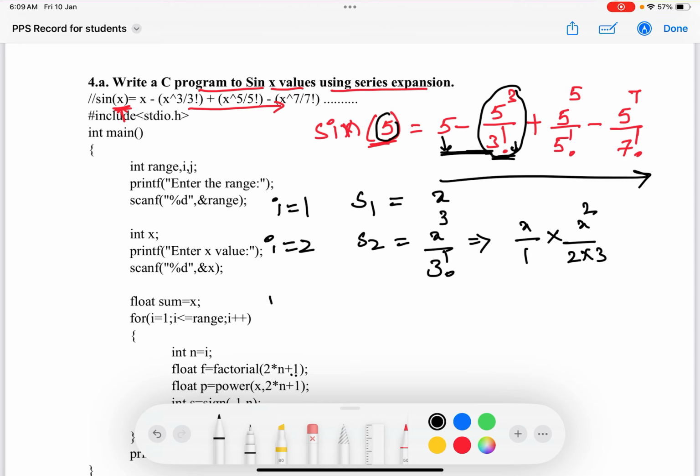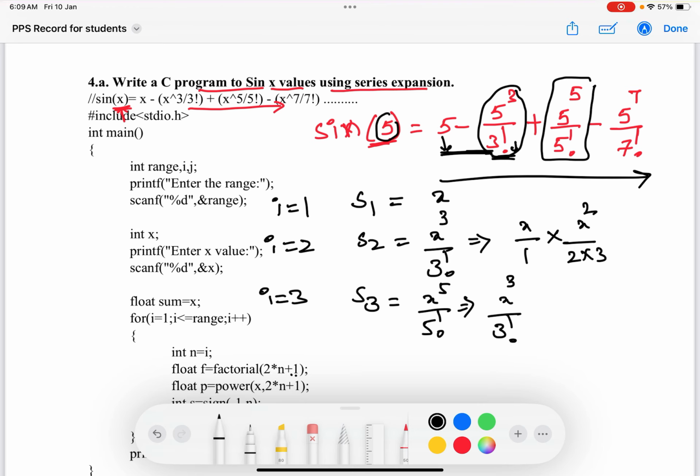Okay. Now i is equal to 3. Which term am I talking about? This term. Let's simplify that. S3 is equal to x power 5 by 5 factorial, which is written as x cube by 3 factorial into x square by 4 into 5. Okay, this is i equal to 3.